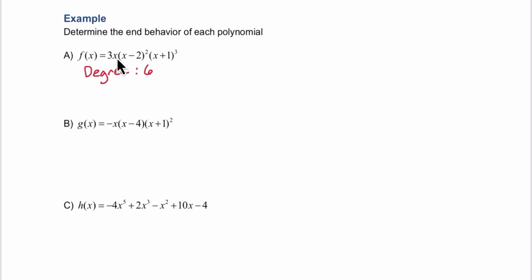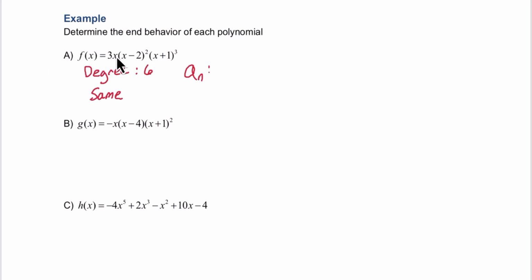And since the degree is even, what we know is the same direction is happening. So either they're both pointing up or they're both pointing down. To then determine which is which, we look at the leading coefficient. We'll call it a sub n.